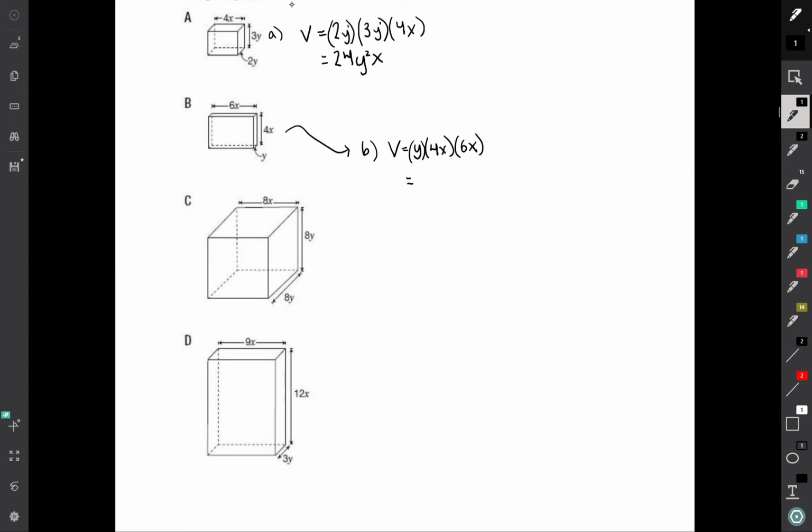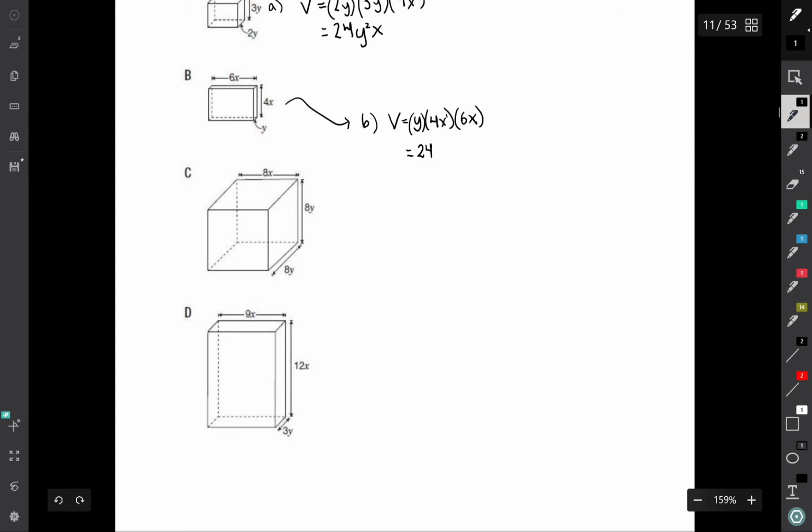So again, let's start by multiplying our numbers together. So I have 4 times 6. Again, that's 24. Okay. Now, my x, I see I have two x's, right? And I know each of those has an exponent of 1. So when I simplify it, I'm going to get x squared, 1 plus 1. And then I only have one y, so y.